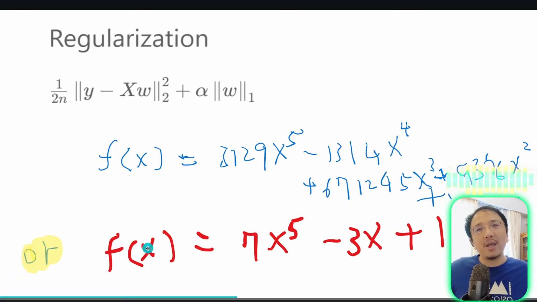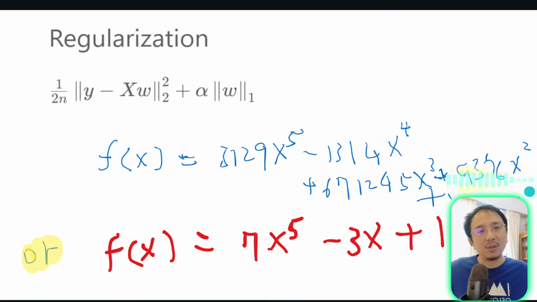You can see that these coefficients are much smaller than those. Those coefficients are very large and wild. So to avoid these things, we give some penalties for coefficients that are too large or too big.